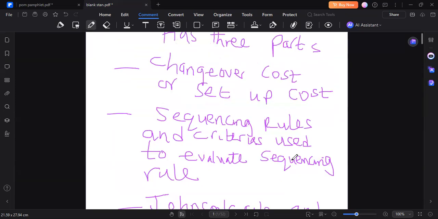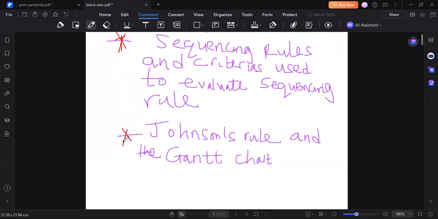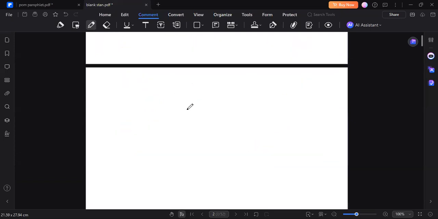Let us look in this class at how we can combine the sequencing rules and criteria used to evaluate sequencing rules. Also, we'll be able to look at Johnson's rule and the Gantt chart. So we can now look at the sequencing rules.